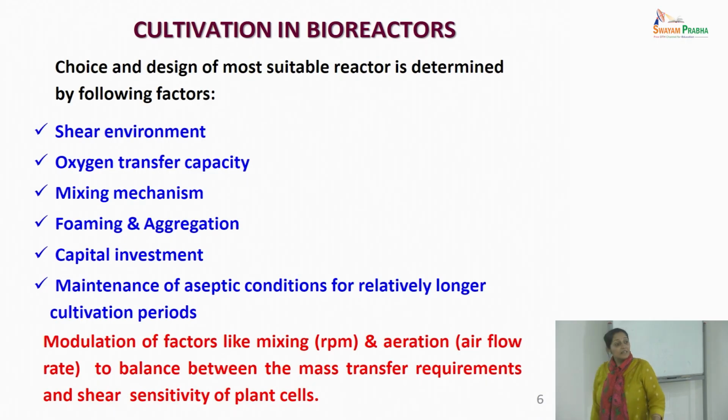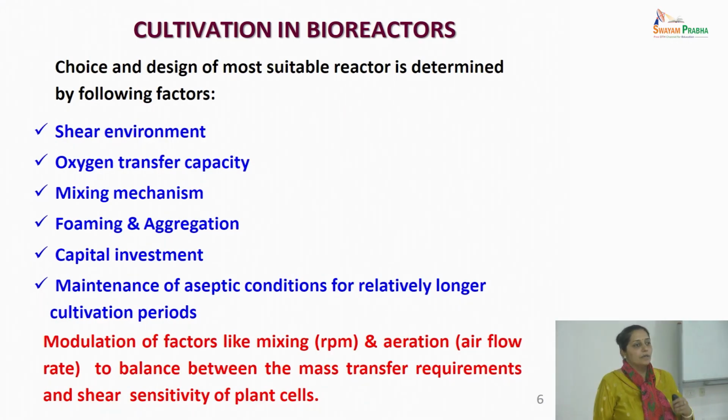Then foaming and aggregation. Not all fermentations will show you foaming and aggregation, but with plant cell fermentations, because of the cell aggregation and the cell lysis which might happen due to the aggregates breaking up, you may observe more foaming, especially in the log phase. This is also because of the media composition.